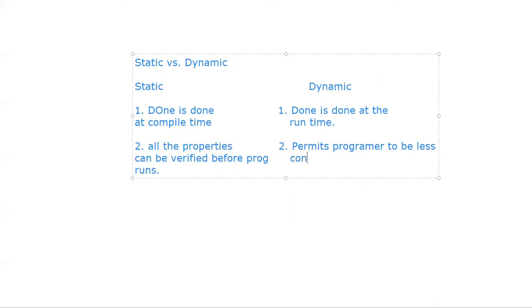What is the meaning of that? About types, which means you just design the program as a programmer, and whatever errors there are in the form of type checks will be handled at runtime. You need not concern yourself at the time of designing the program. If you can handle it, fine. If you can't handle it, then it can be handled at runtime, right?